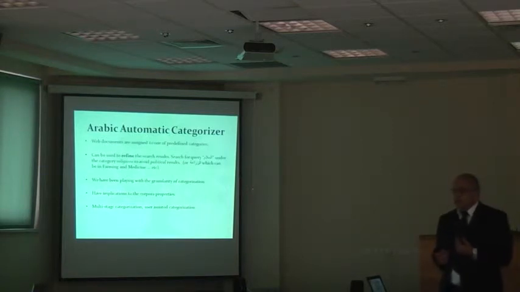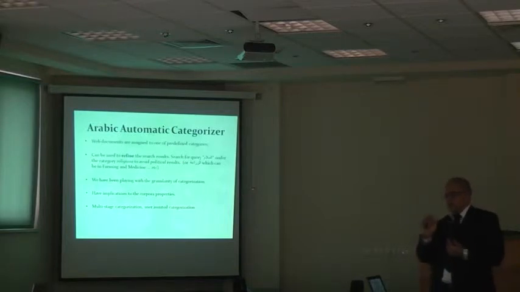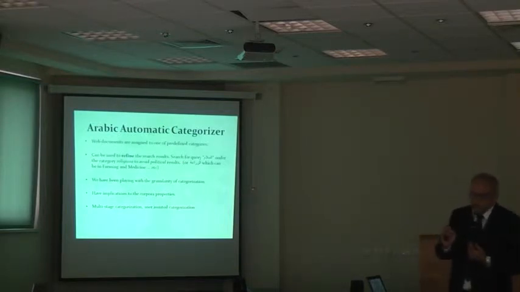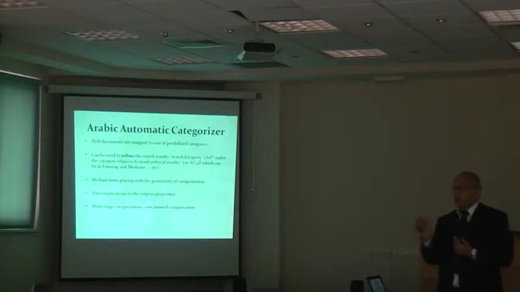I just need to say here that the infrastructure for the different stages of categorization may need to change. For example, stop words in a language may be quite different from the stop words in a single category.